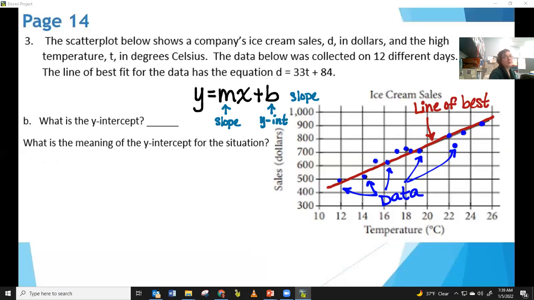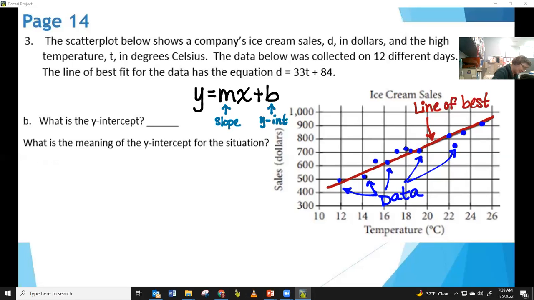What is the y-intercept for this line of best fit? Again, I'm looking for a number. What is the y-intercept for the line of best fit?